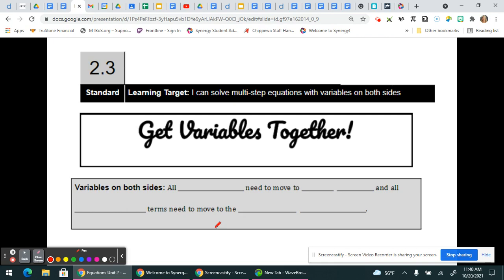So first of all, the message that we're going to use here is all numbers need to move to one side, and all variable terms, sorry, I have to write with a mouse, so it's a little bit clunky, but we're getting it. And all variable terms need to move to the other side.